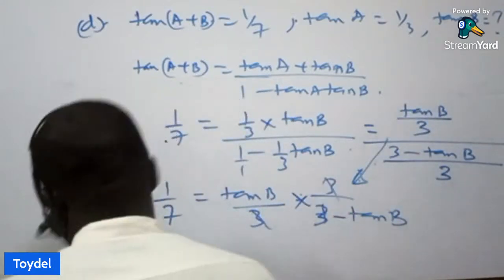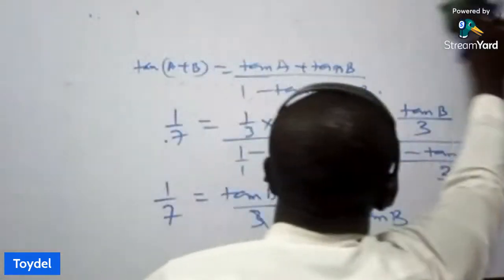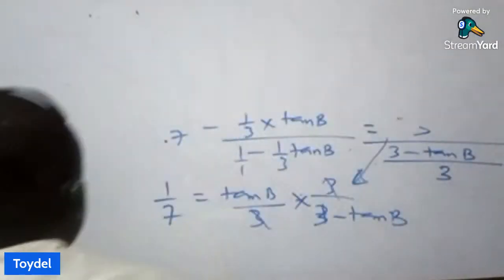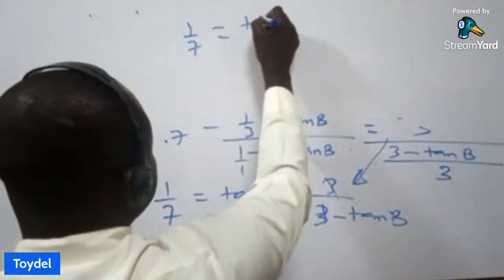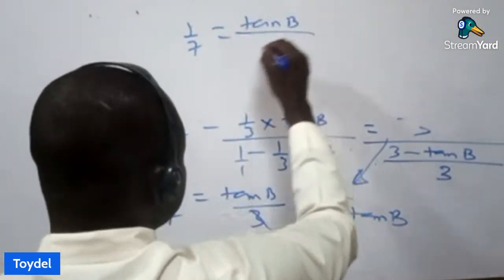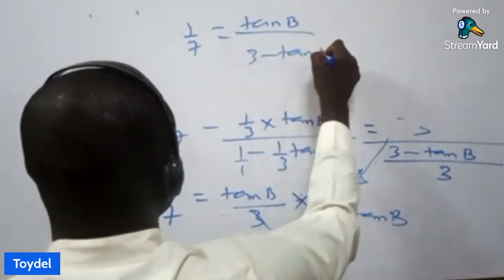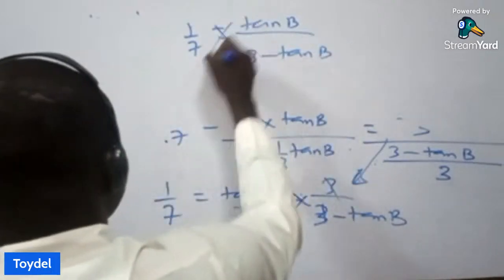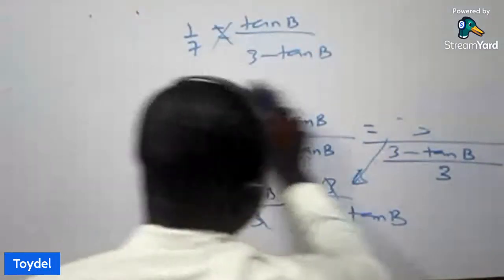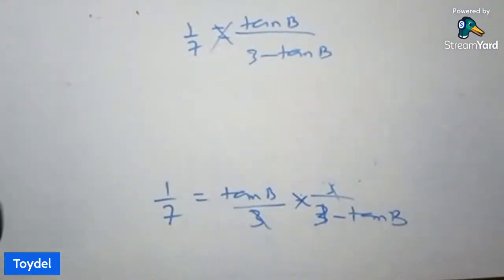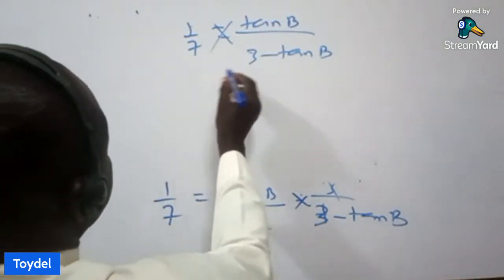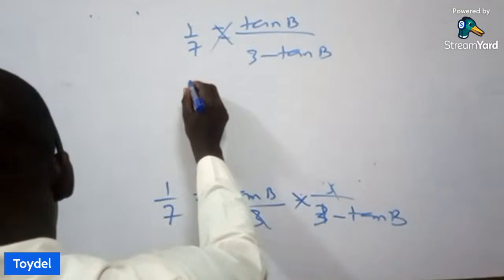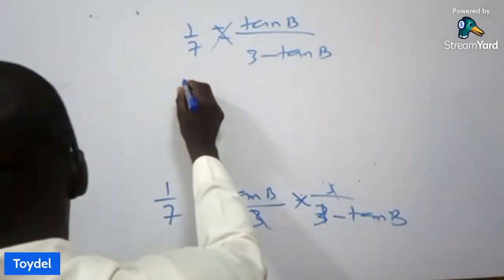This will cancel this, so that at the end of the day we are going to have 1/7 equal to tan B over 3 minus tan B. So at this stage now, I can cross multiply. If I do that, I'm going to have 1/7.